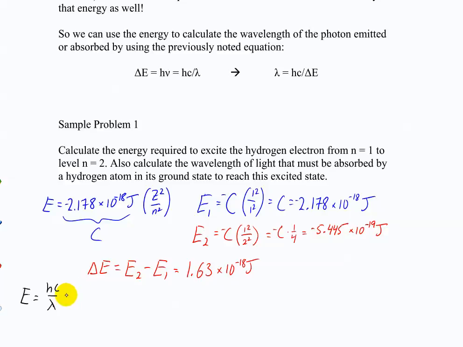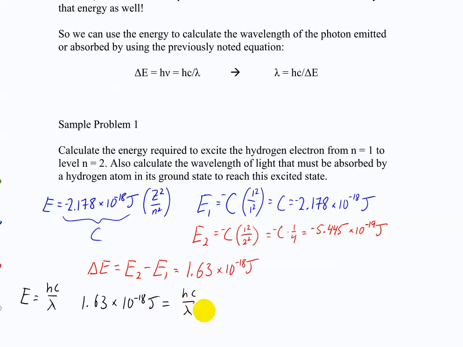So that's going to be those two constants, h and c. So this is going to be this energy. Let me just redo that. 1.63 times 10 to the minus 18th joules equals hc over lambda.